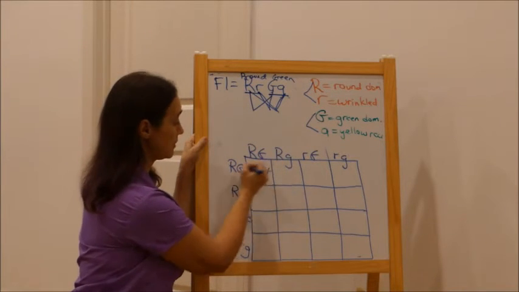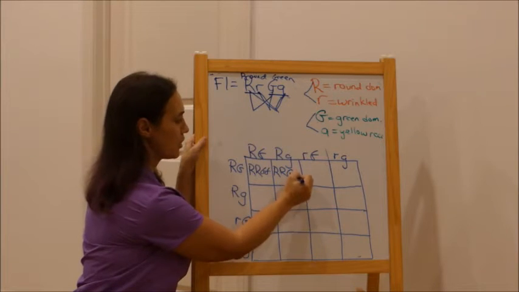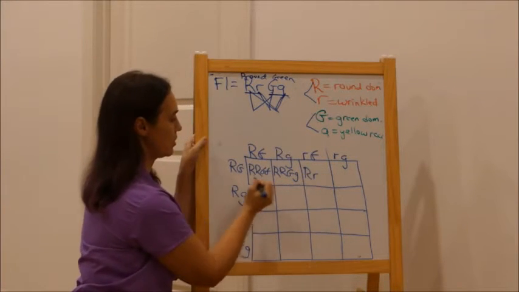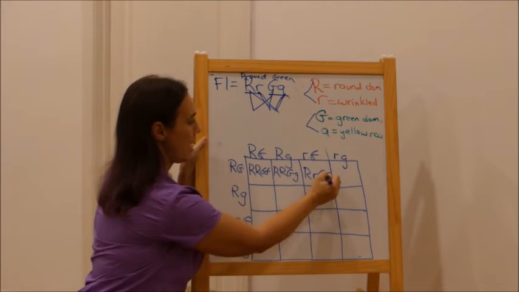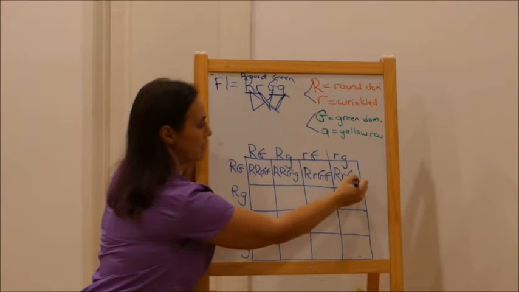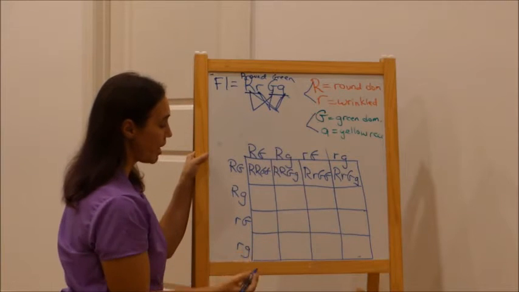Okay, this one has capital R, capital G, lowercase g. This one has capital R, lowercase r, capital G. This one has capital R, lowercase r, capital G, lowercase g. Okay, so now we just go through and we fill that out for all of them.